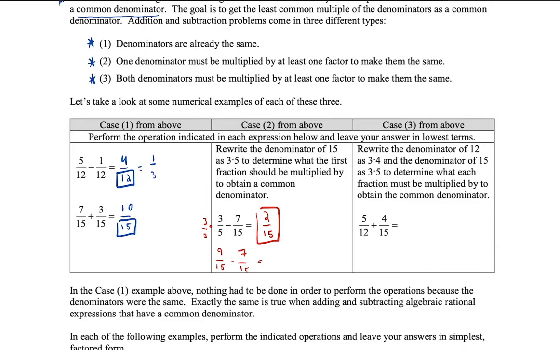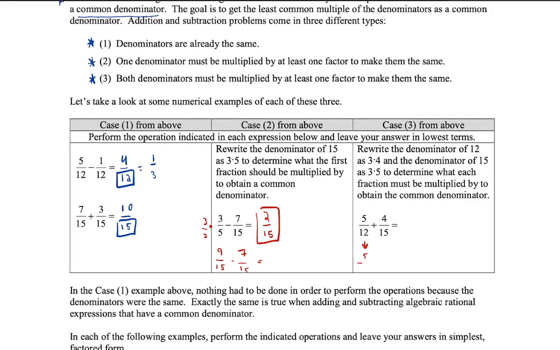The third case is one where we actually have to change both of these fractions because 12 can't be multiplied by anything to make 15. Now, one way to do this would just be to multiply the left by 15/15 and the right by 12/12. But you can save yourself a little time if you realize, let's break this up.